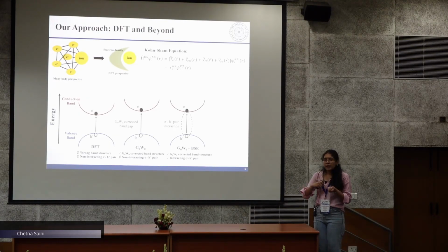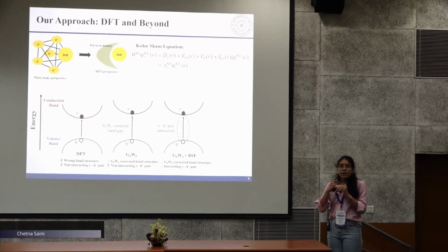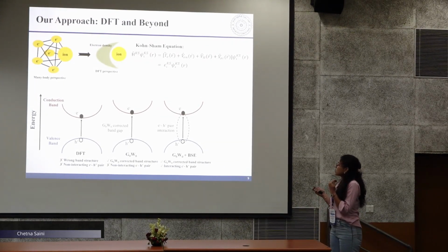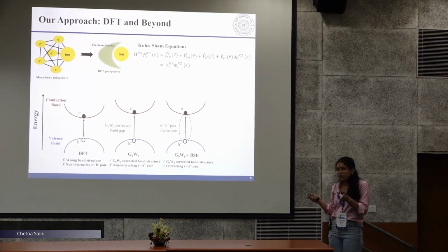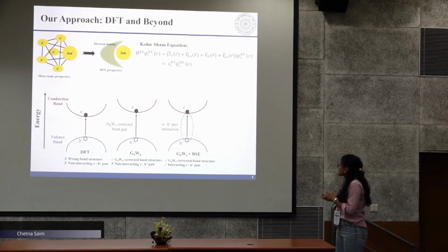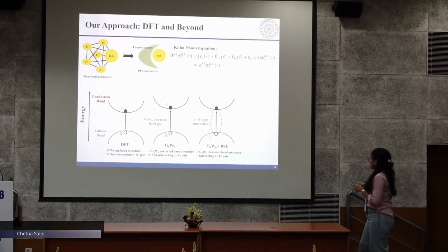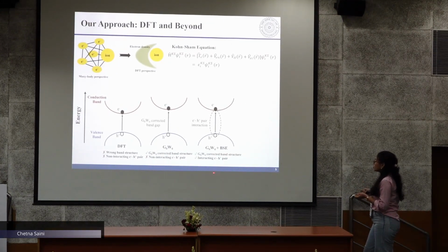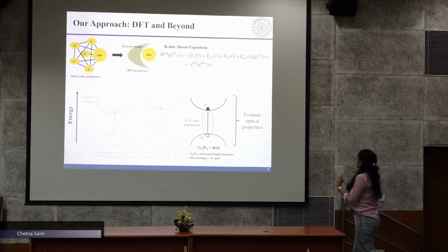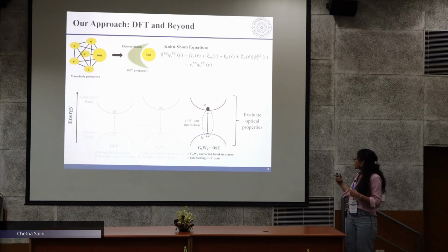We first incorporate the Z0W0 approximation, which corrects the band gap, but it still does not include the excitonic effect. To include the excitonic effect, we solve the Bethe-Salpeter equation on top of Z0W0 to explicitly include the electron hole pair interaction. Therefore, to evaluate the optical properties of the material, we rely on this Z0W0 with BSE framework.